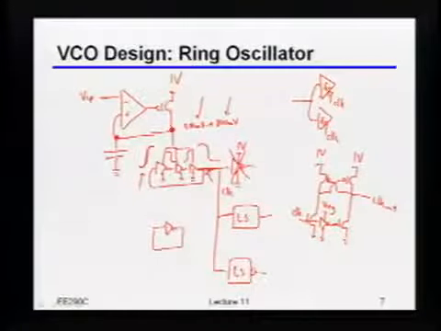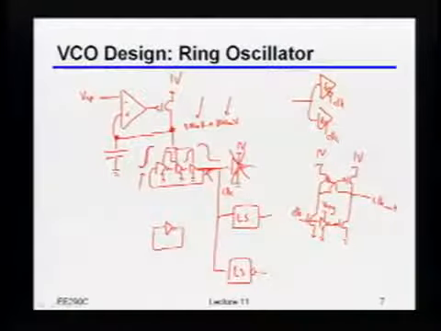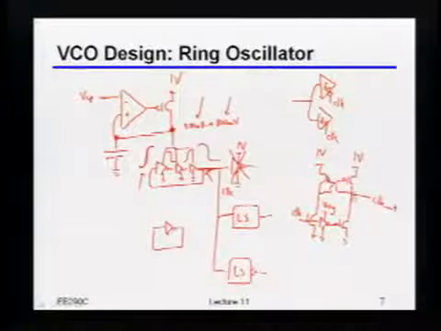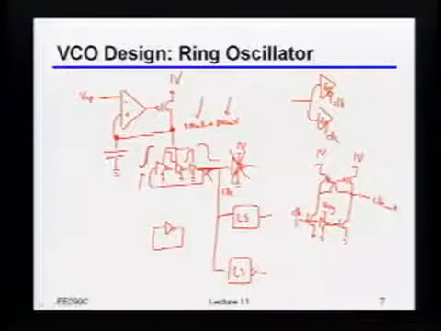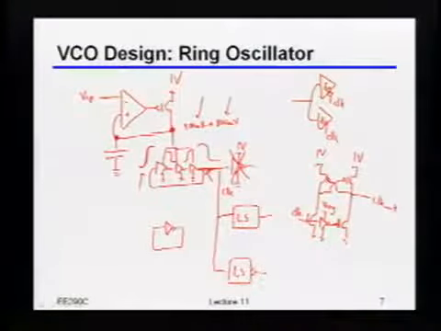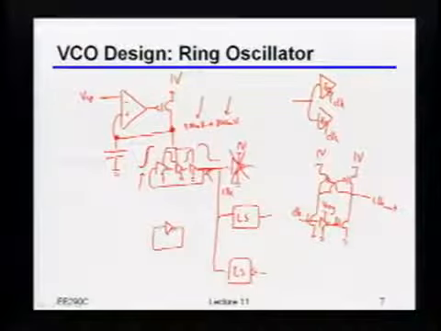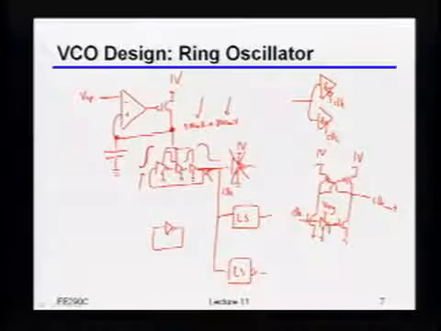I see some confused looks. All I'm saying is that if one time I treated this as being the true output, and I took clock and fed clock bar over here, for the other one I just feed clock bar here and clock there. How can you get the clock bar? Same way I got it here.